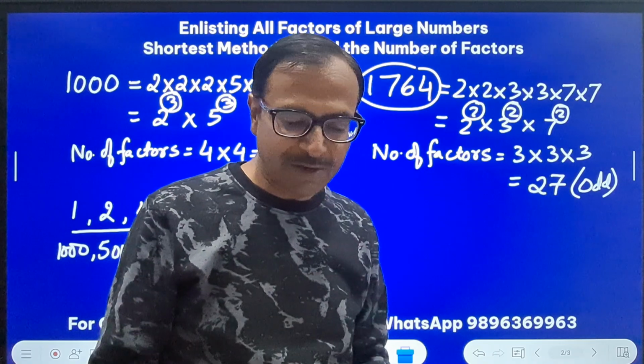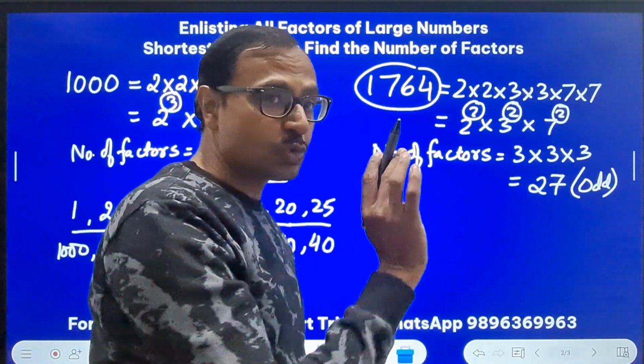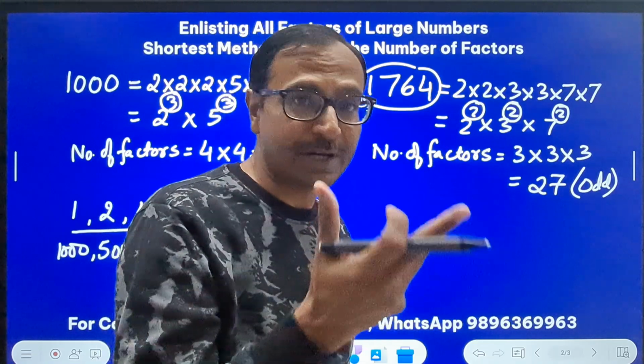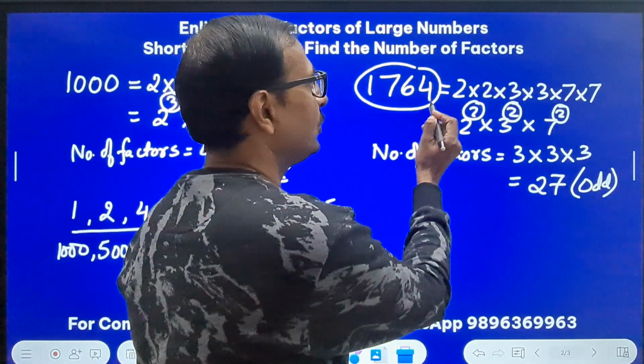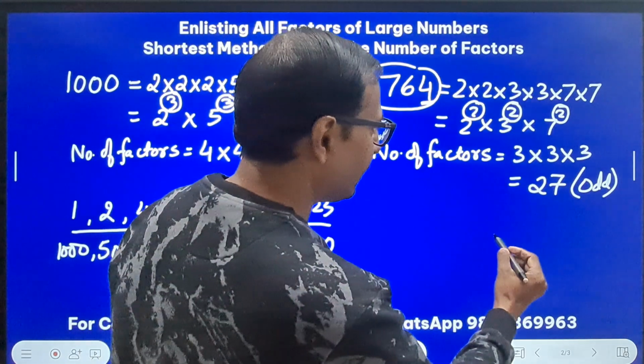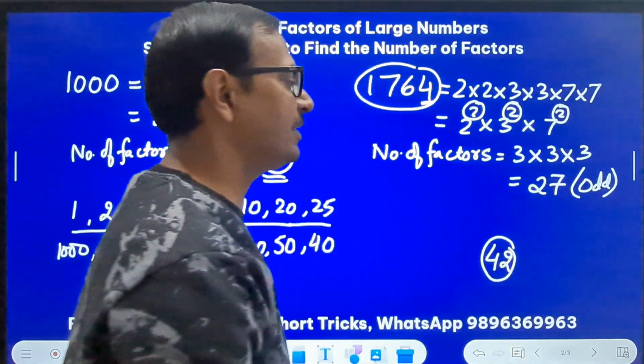So if you check very carefully, 1764 is very close to 1600, the square root of which is 40. So unit digit is 4 here, so 42, I think that should work, and the factor in the middle will be 42.